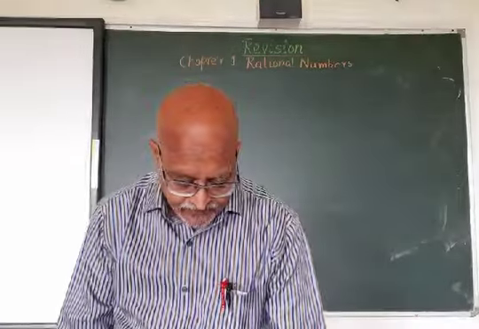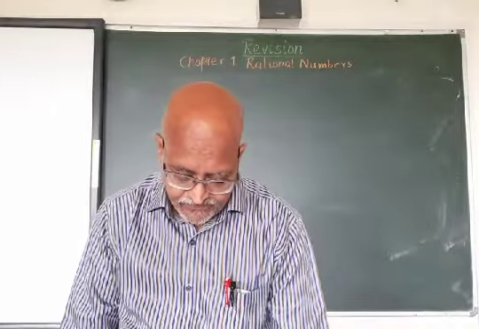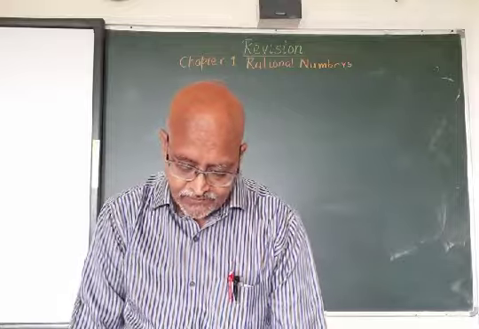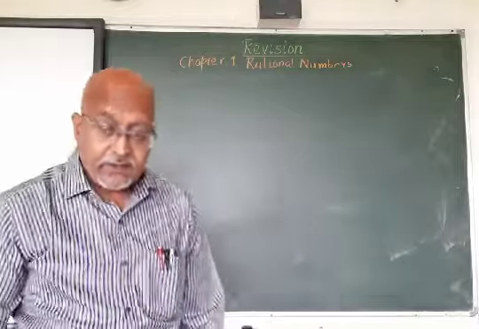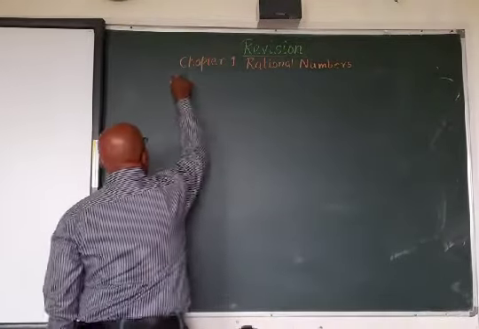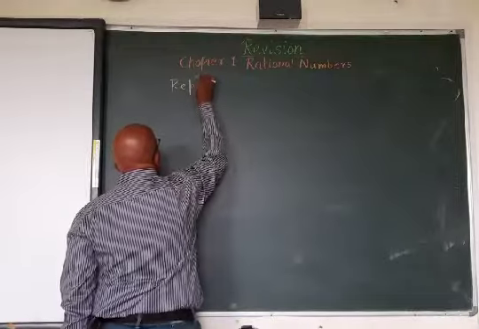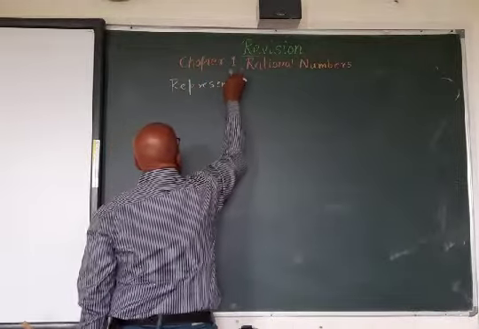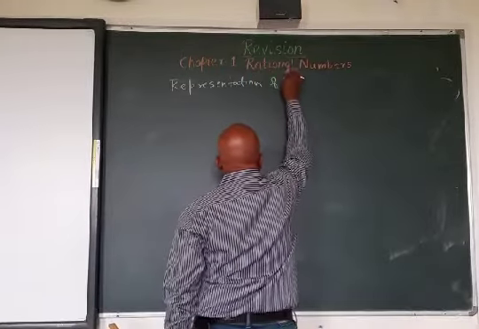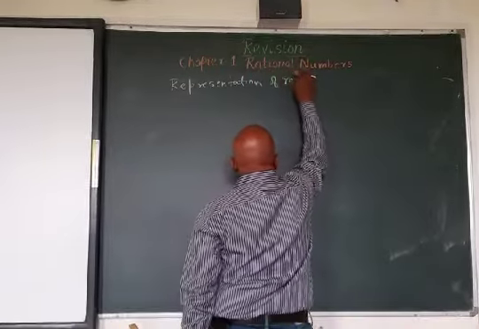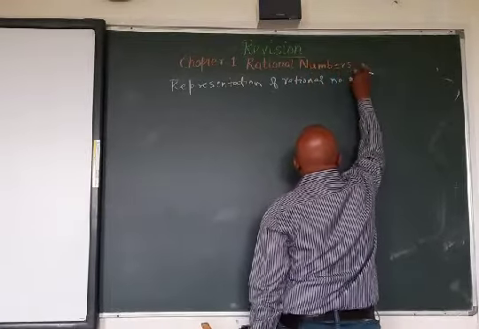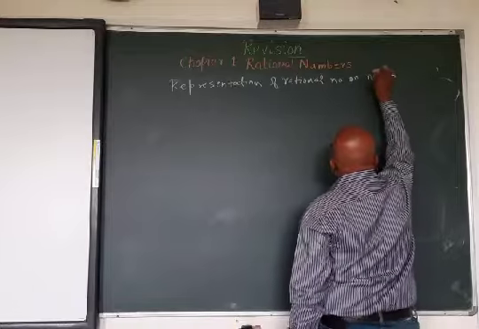Now one thing more: the representation of rational numbers on the number line. This was the very important part. So I will write here: representation of rational number on number line.